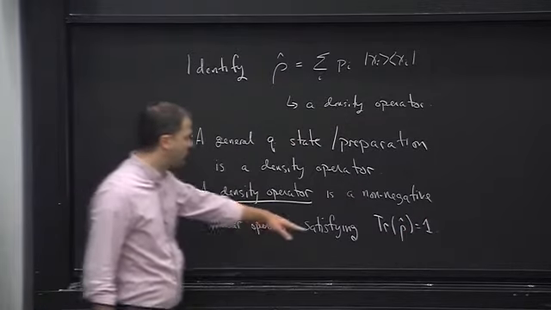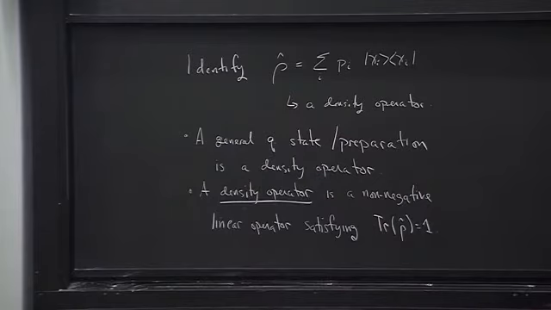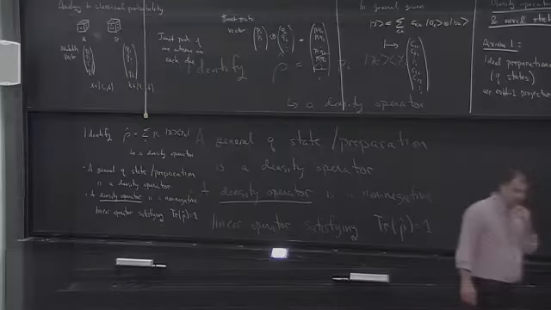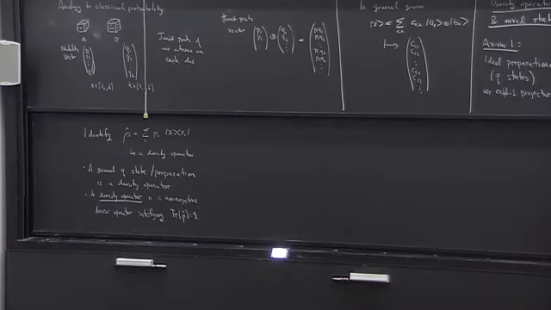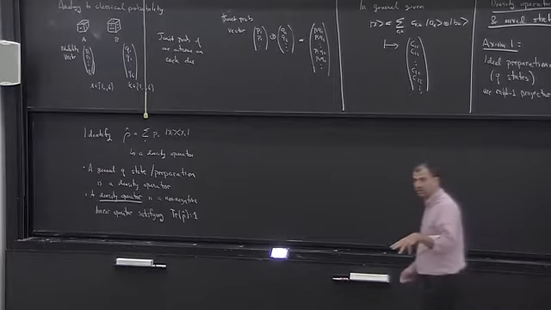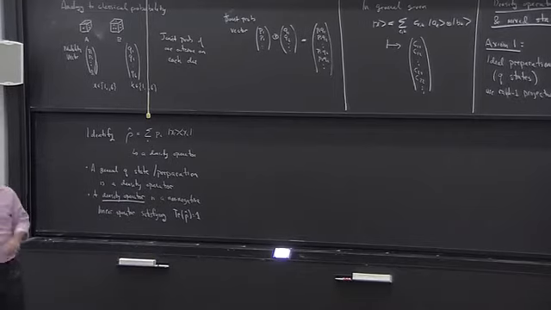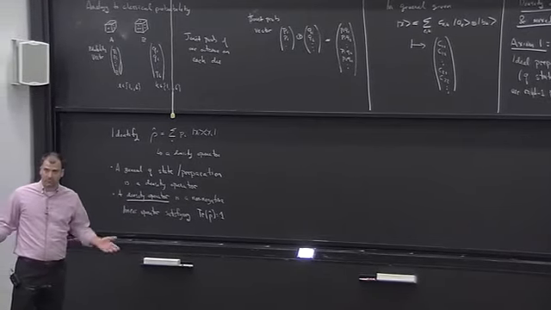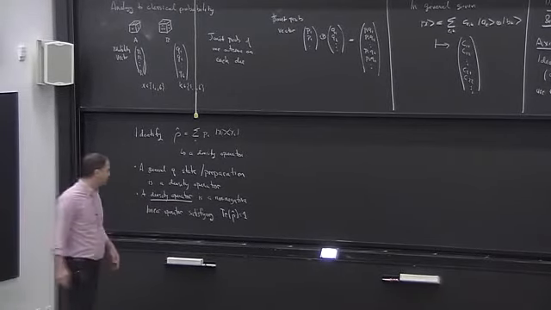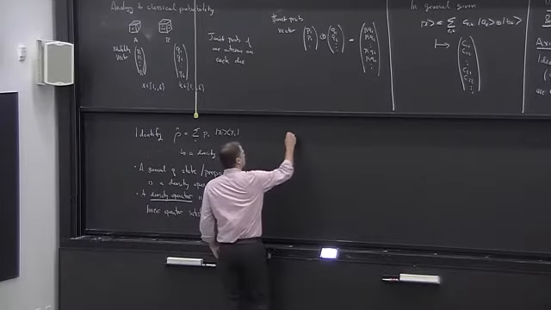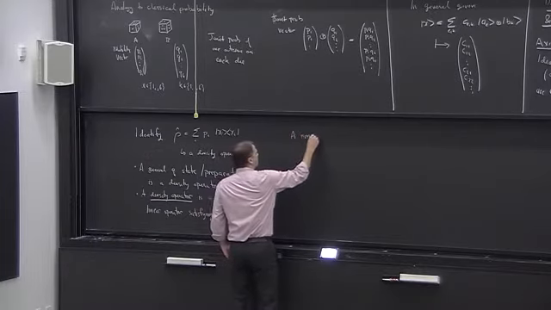And this is going to preserve probabilities. Well, the fact that it's a non-negative linear operator implies that it's Hermitian. Because remember, Hermitian means that the eigenvalues are real. Non-negative means that the eigenvalues are real and non-negative.